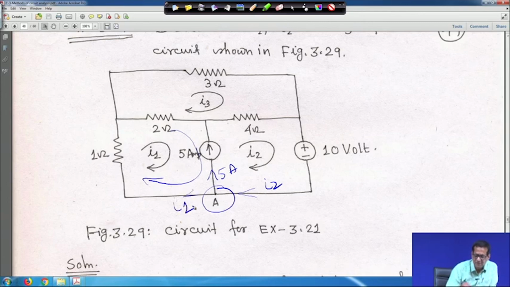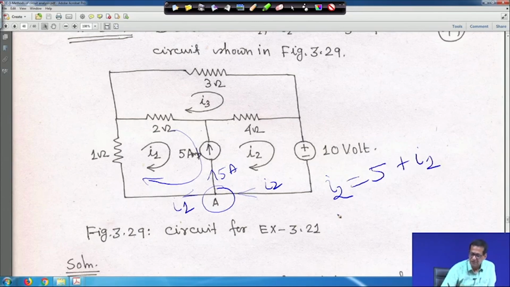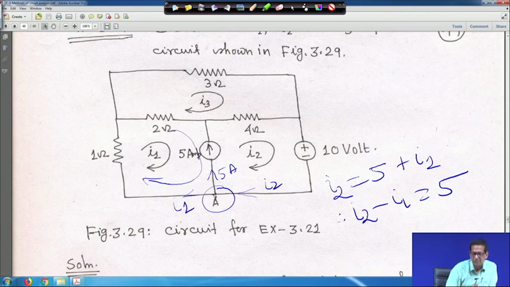So, this I2 current is entering at node A, and the 5 ampere and I1 are both leaving. So, I2 is equal to 5 plus I1, or I2 minus I1 is equal to 5 ampere.